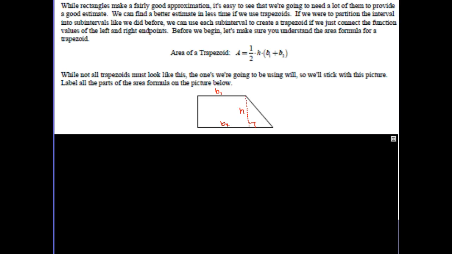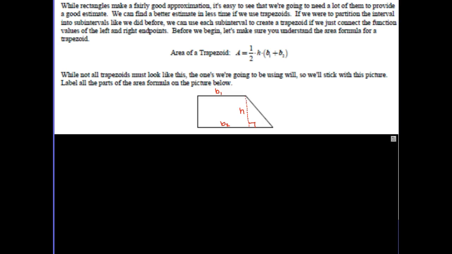So this would be your left, and this would be your right. The height of the trapezoid would be the width, but the bases would be the y values. So the bases include the left and the right heights, and we're taking the average of the two heights. So that's what makes trapezoids better.